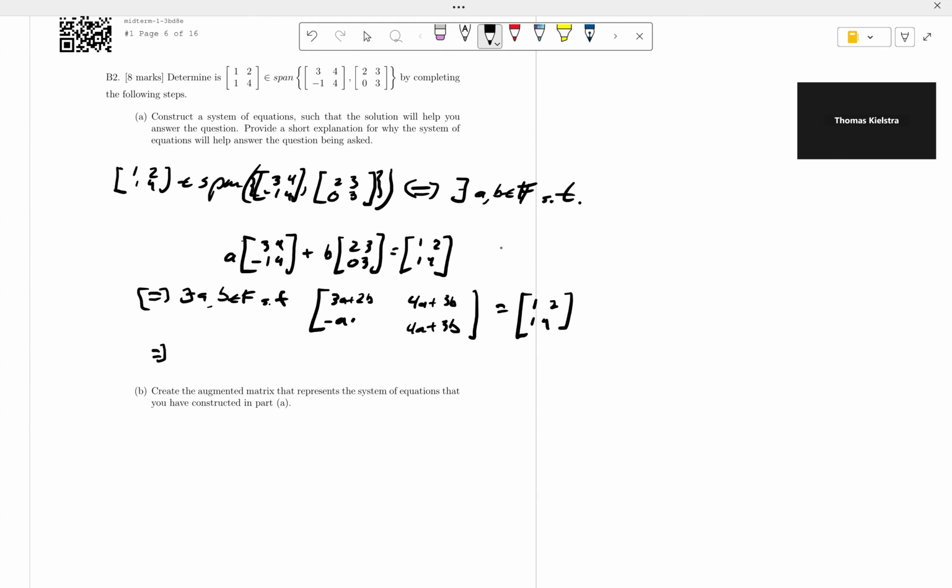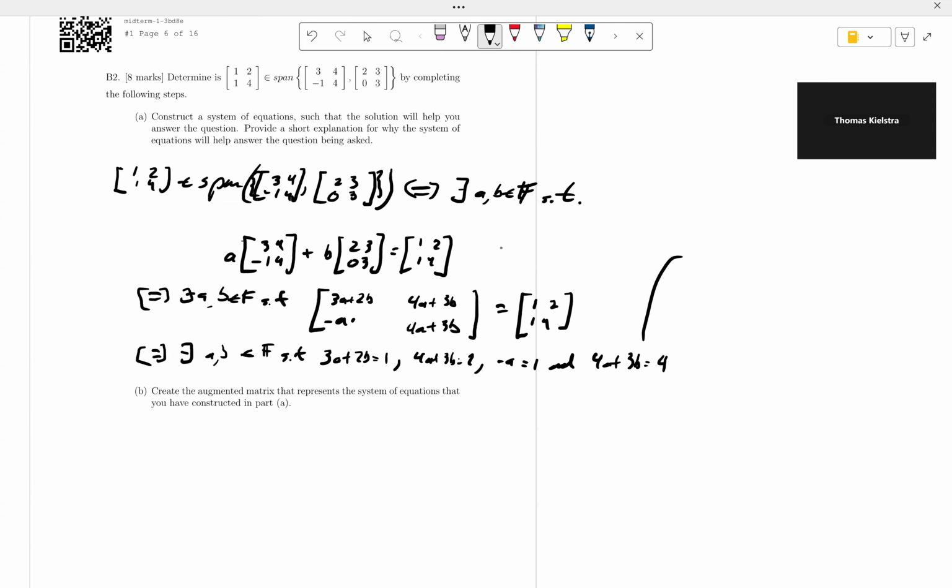If and only if there exists an A, B in F such that 3A plus 2B equals 1, 4A plus 3B equals 2, minus A equals 1, and 4A plus 3B equals 4.